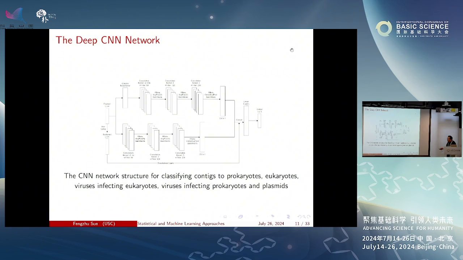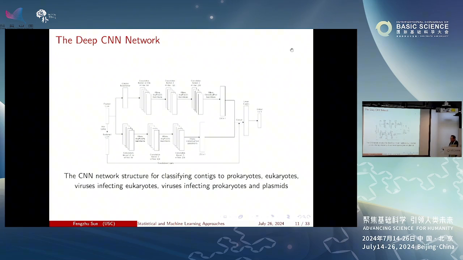We just have 3 layers of network for each of them, and then we get the embedding. Similarly, we get the embedding for the reverse strand, and then we concatenate them, and finally we use a linear layer to predict the 5 different classes. So that's the design of this deep convolutional neural network.